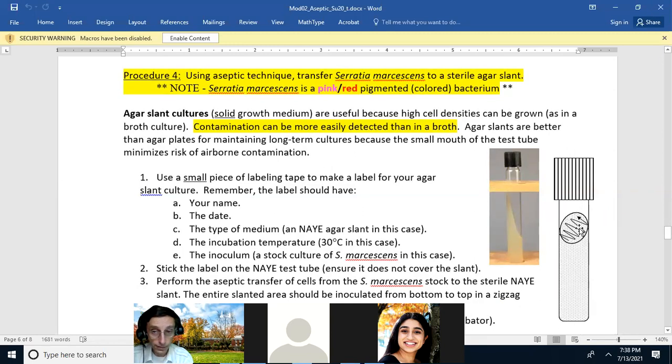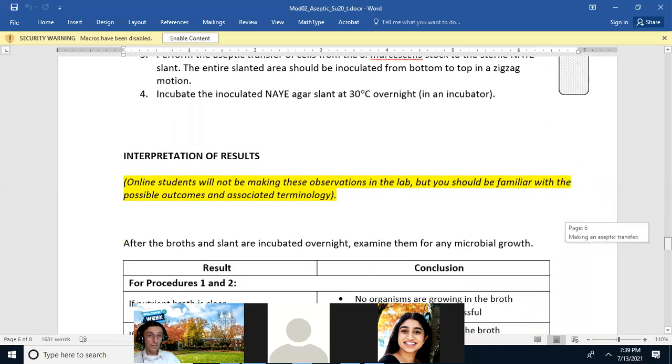If all of the growth is yellow, you know that you have no contaminant. If, however, most of the growth is yellow, but there's one region, like right here, which is not yellow, let's say it's white or off-white, that would be a contaminant, okay? So you can determine whether you have minor contamination on a solid culture. In a liquid culture, it's impossible to determine if you have minor contamination.